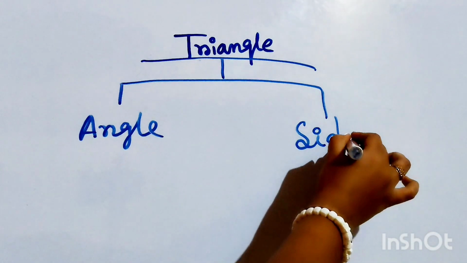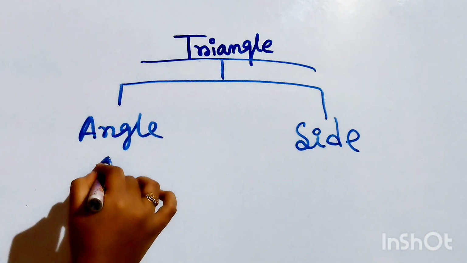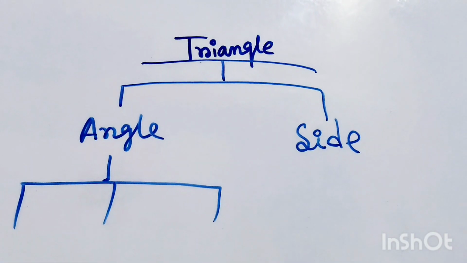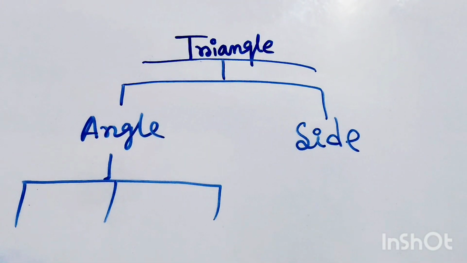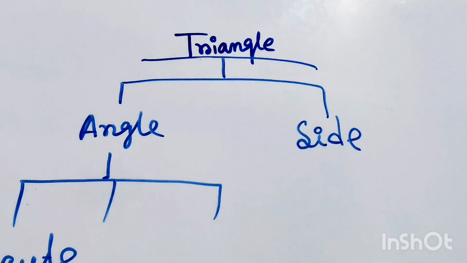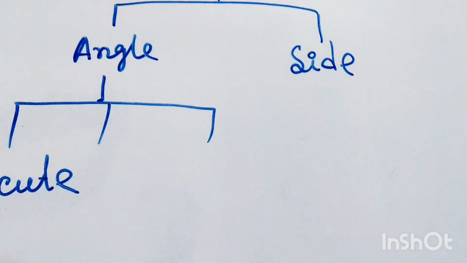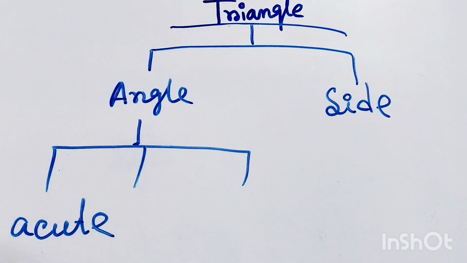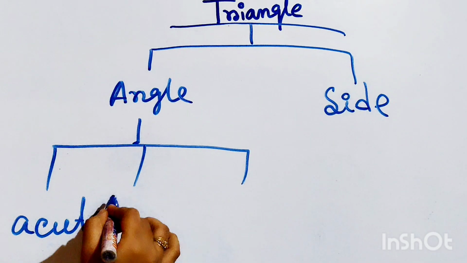Now I am going to the classification of triangle. That's very important. Basically, triangle can be classified into two categories, one angle wise, another side wise. Angle wise, there are three types. Today I will discuss this topic, and the side-wise classification I will discuss in the next class.